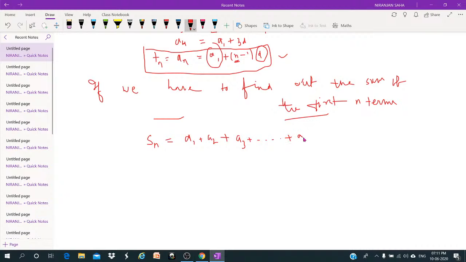What will be its value with respect to the first element and the common difference D? We find it in this way.